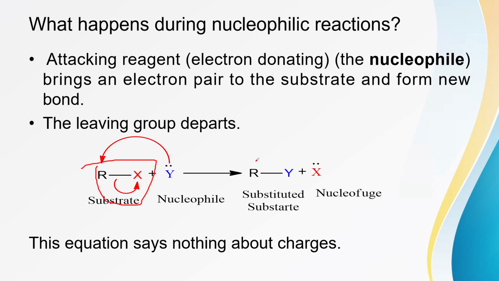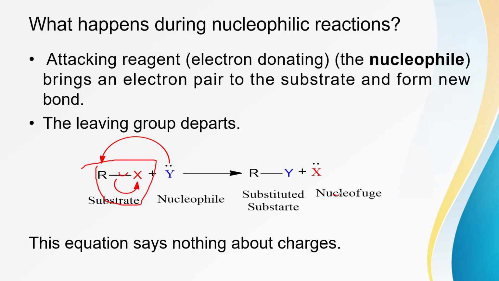You can see on the product side that a new bond between R and Y is formed, and a leaving group departs. Here Y is the nucleophile and X is the leaving group. In this case, X is leaving with its electron pair. The electrons of this bond are shifted toward X, so X is leaving with its electron pair.